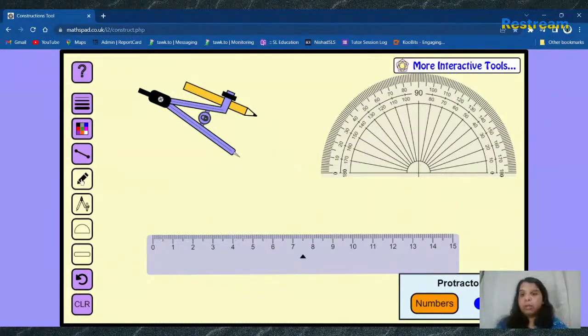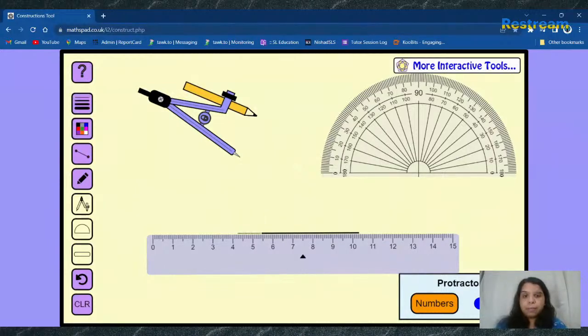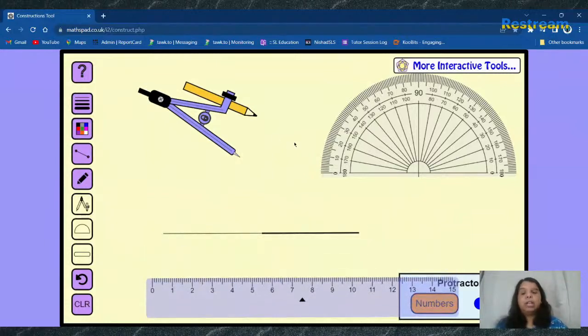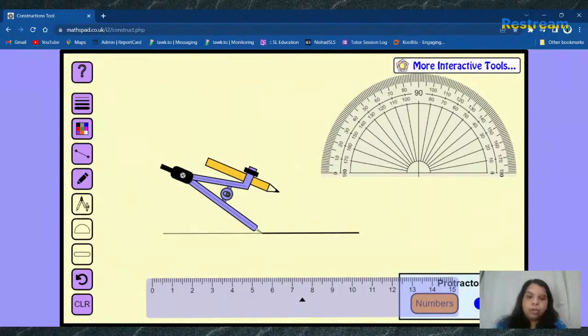Now, for drawing this 120 degree angle, what I'm going to do is draw a straight line, and I'm going to draw a very light line on the other side of it. I'll tell you why. You don't have to draw this line, but just for our reference, I'm going to draw it like this.